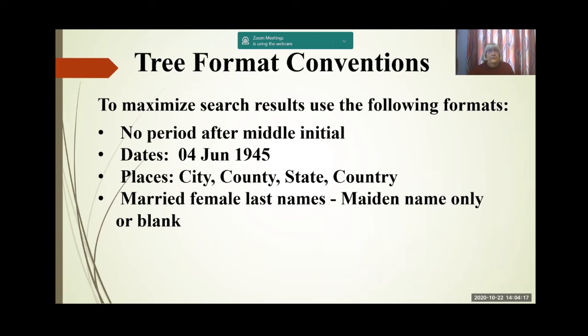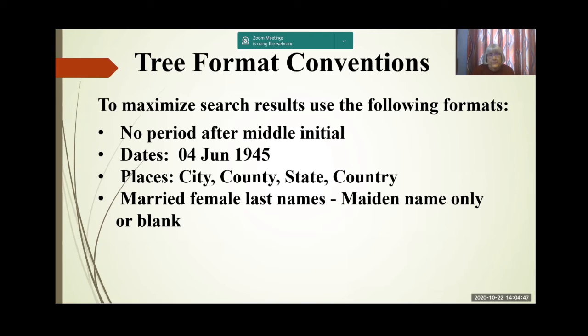All right, so when you start your tree, you look at how you enter your data. You shouldn't use a period after middle initials or Junior. This is the preferred date format: day, three letters for the month, and then four numbers for the year.